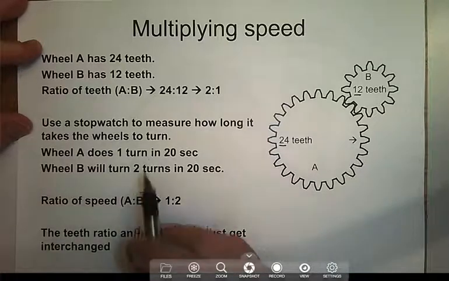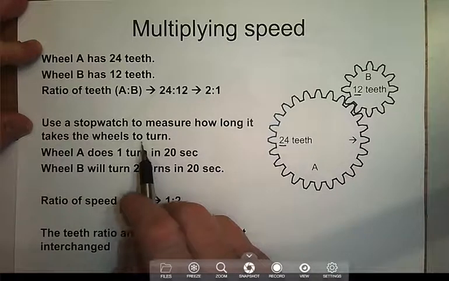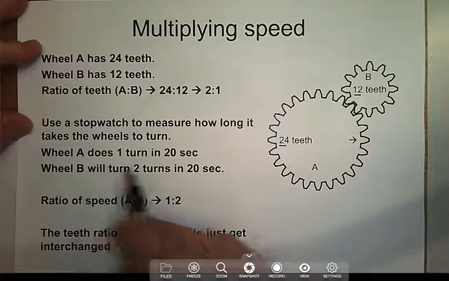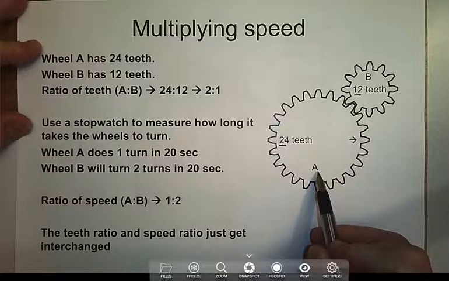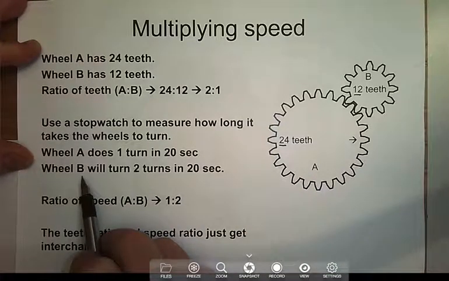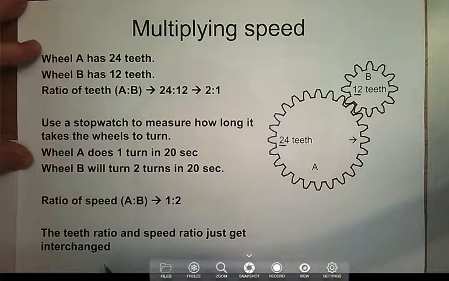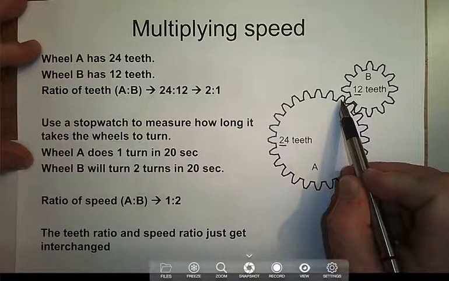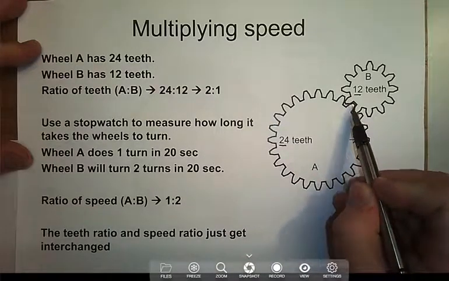So if we were to use a stopwatch to measure how long it would take, if wheel A does one turn in 20 seconds, then wheel B will turn twice in 20 seconds, because as every one part of the gear moves round, it takes another one round.